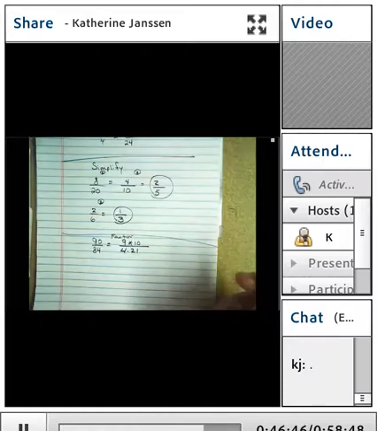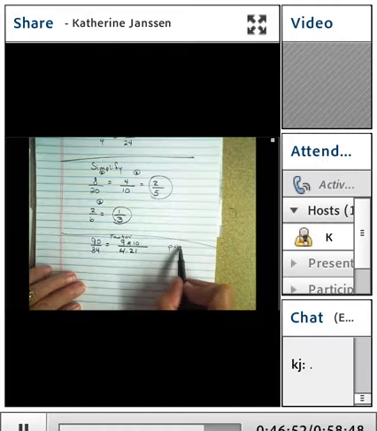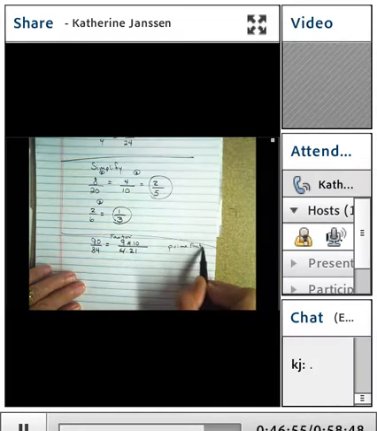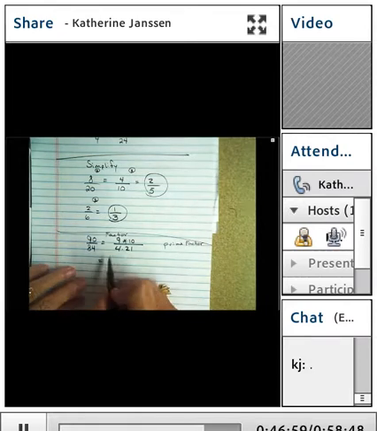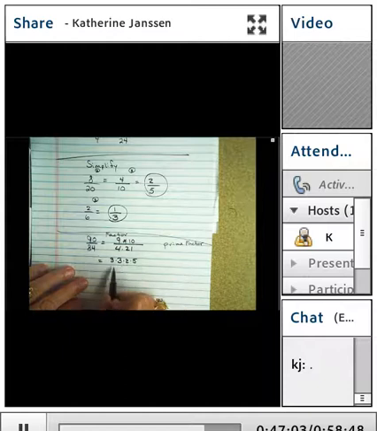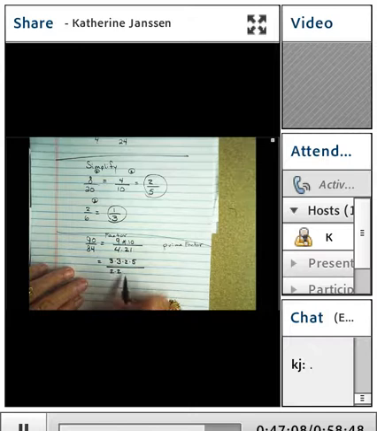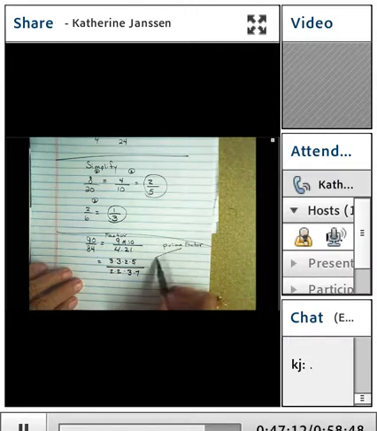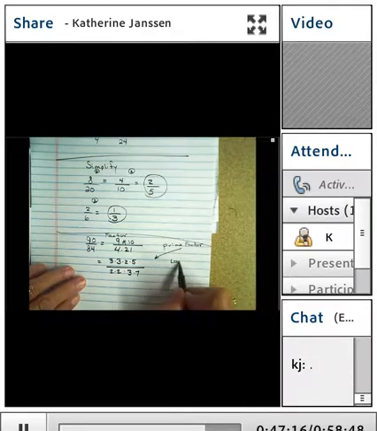Kind of mental math. I'm continuing to prime factor, looking for other names for 1. So I'm going to factor 9 as 3 times 3, and I can factor 10 as 2 times 5. Factoring 4, I get 2 times 2, and factoring 21, I get 3 times 7. They're all prime factors now.